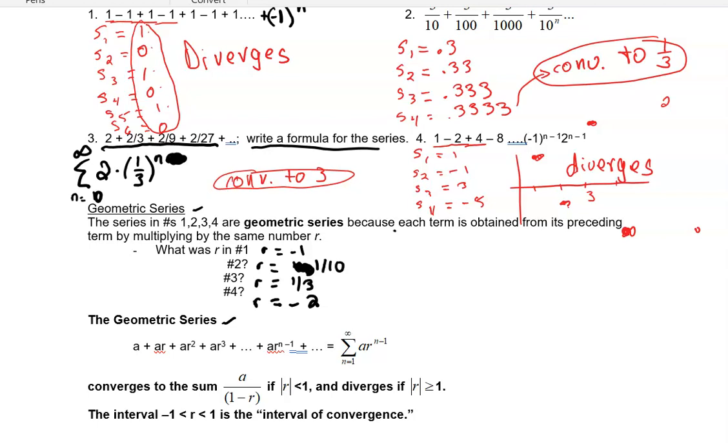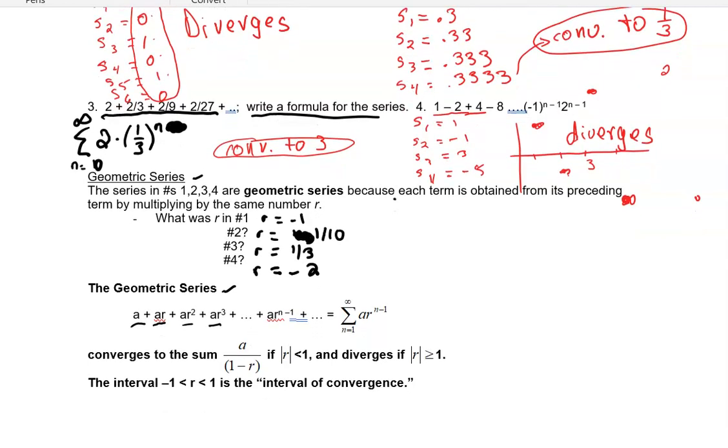So for a geometric series, if we look at this now, we just see here's our first term, and then we take our first term, multiply it by our common r, multiply it a second time by the common r, a third time by the common r. Okay, this is our sum of a geometric series. A geometric series will converge to the sum of this.